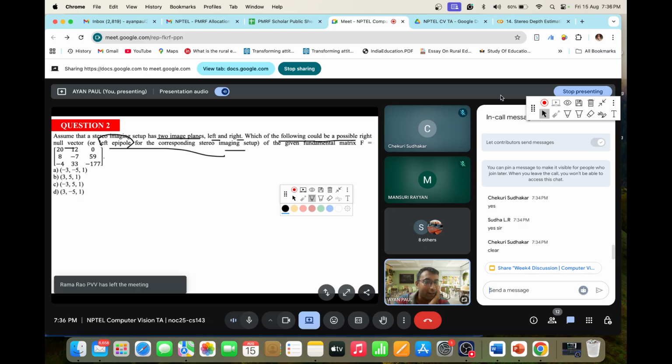So to compute the left epipole here, it is very easy. F into E equals 0. F is given, and E we have to assume as EL1, EL2 and 1. By this we can get two equations in two variables EL1 and EL2, so we can get the left epipole, right? So let me show you.